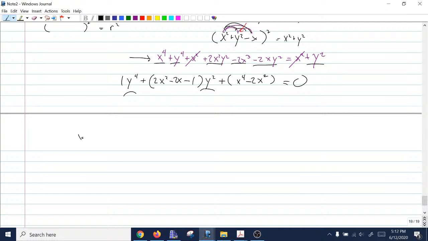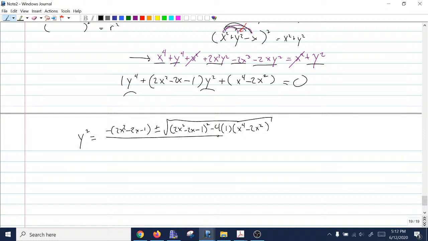The solution to that, it's a quadratic in y squared, is opposite of b plus or minus the square root of b squared minus 4ac, all over 2a. So y by itself is plus or minus the square root of that. Gross. This makes more sense.